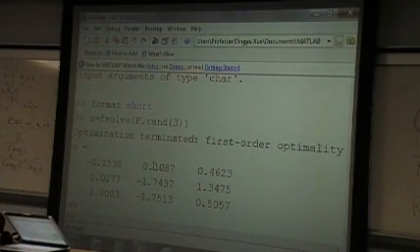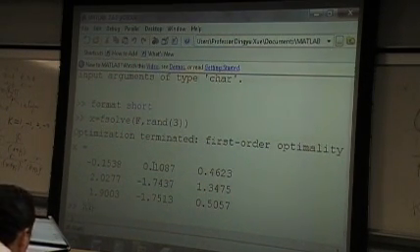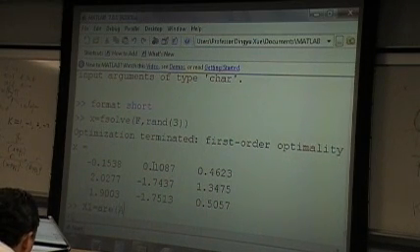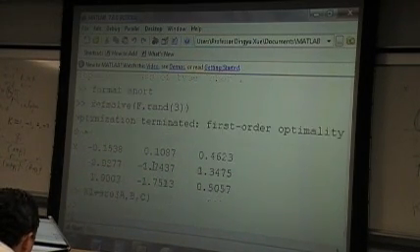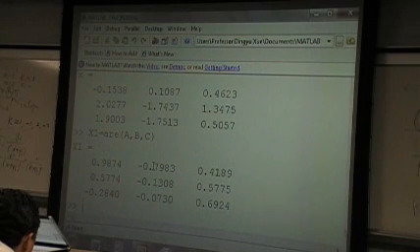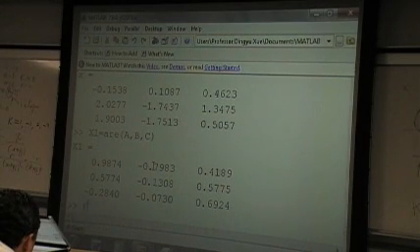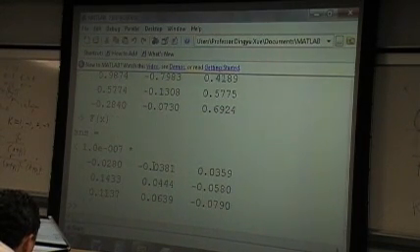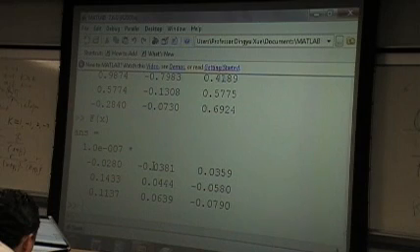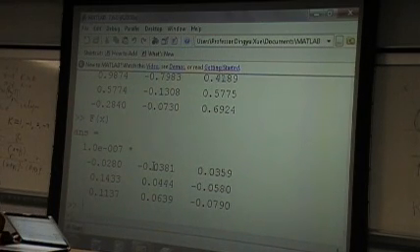First, let's see x1 equals ARE of A, B, and C. See, they are different. And let's check the small x. We see that it is also a solution to the original problem.